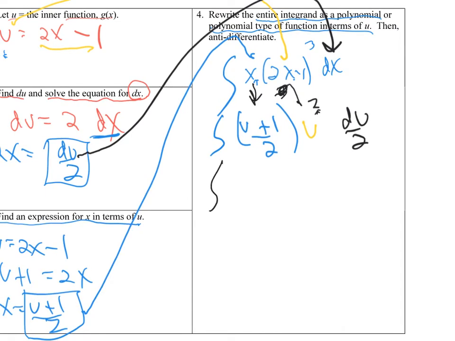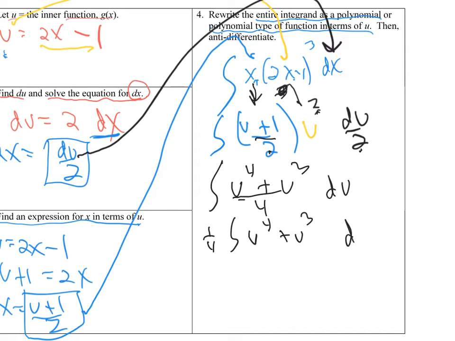So I'm integrating u to the 4th plus u cubed, and this is a 2 times a 2. So really the whole thing is divided by a 4, du. That 4 doesn't help me, so I can just pull that 4 out as 1/4. Now I'm integrating u to the 4th plus u cubed du.